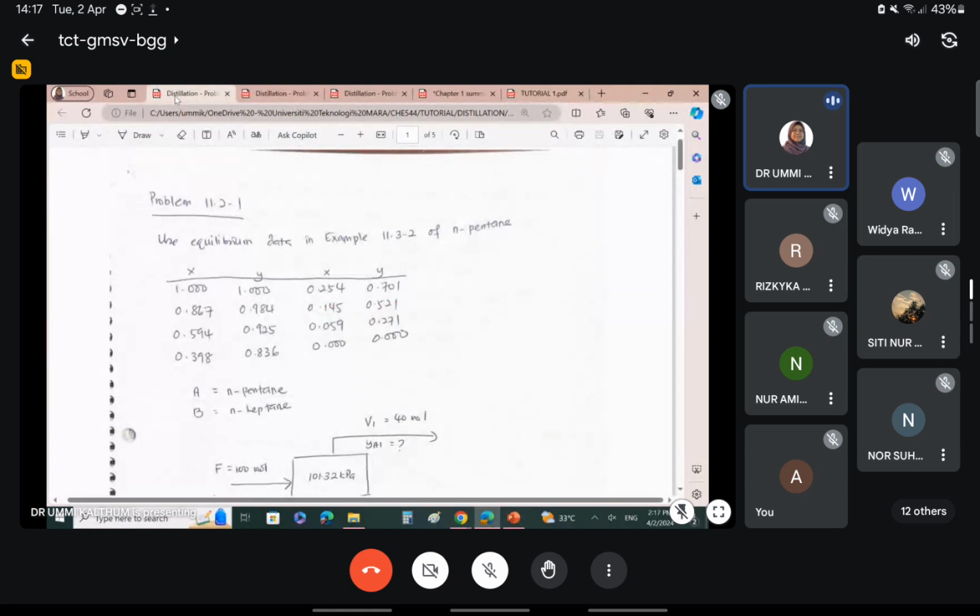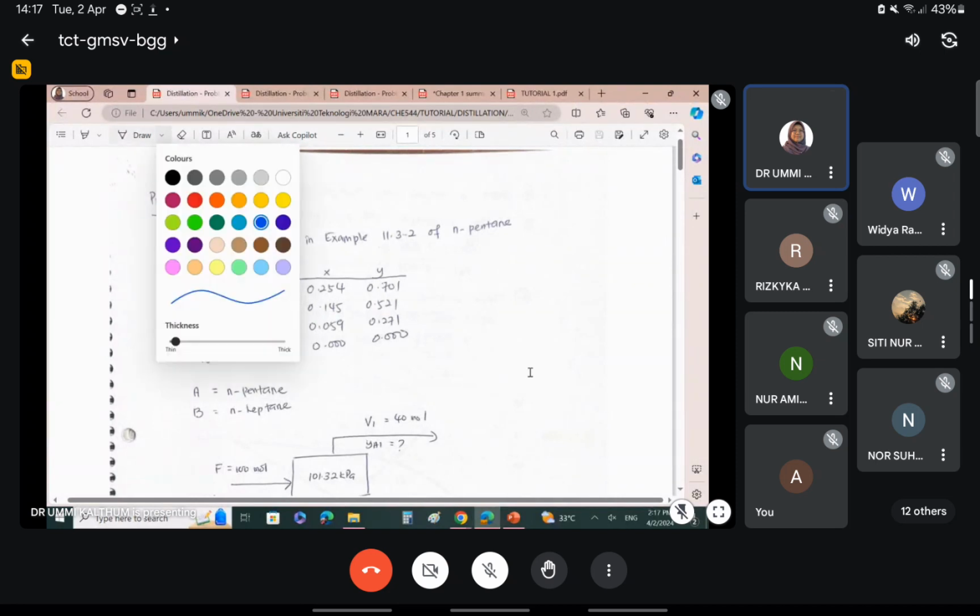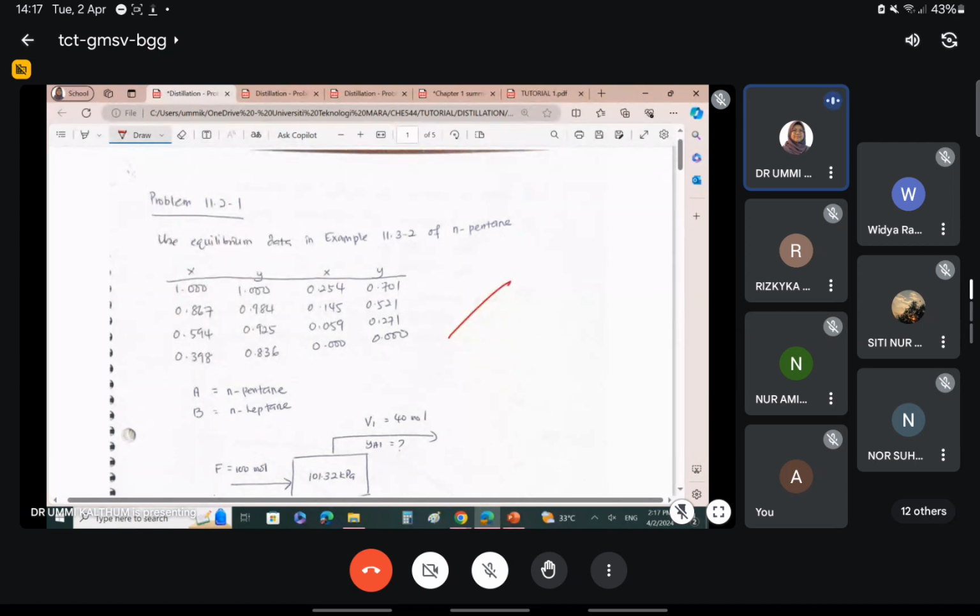So this is the answer. This is the equilibrium data from example 11.3-2, where A is the component pentane and B is heptane.